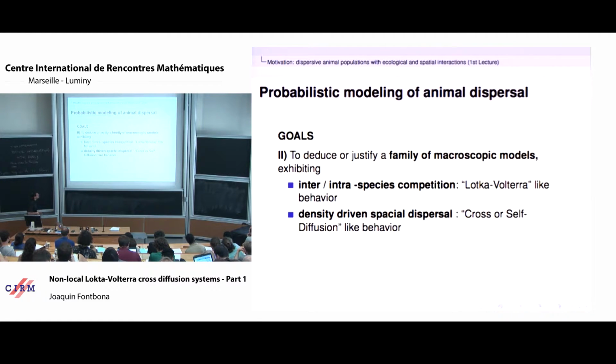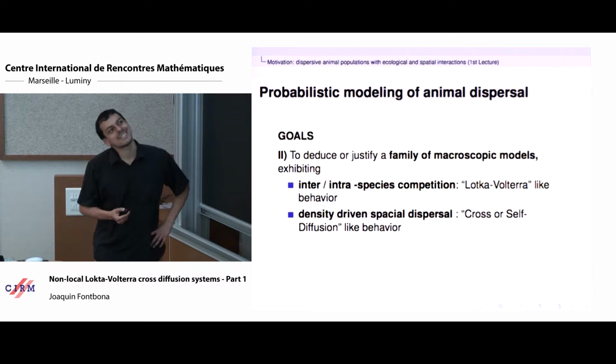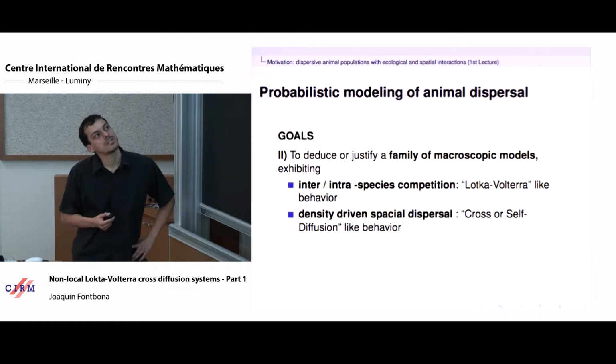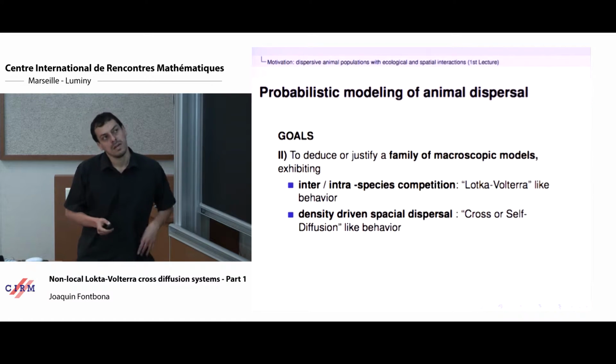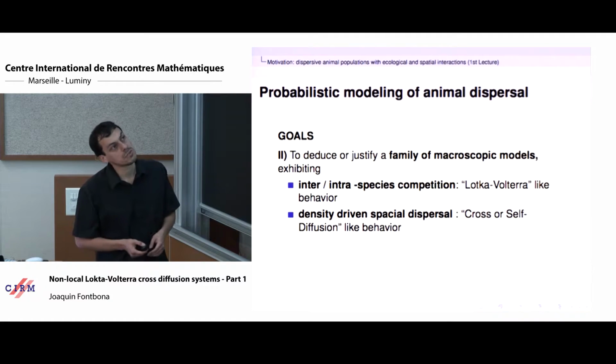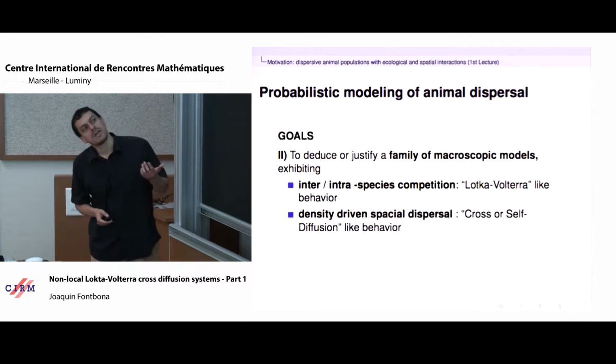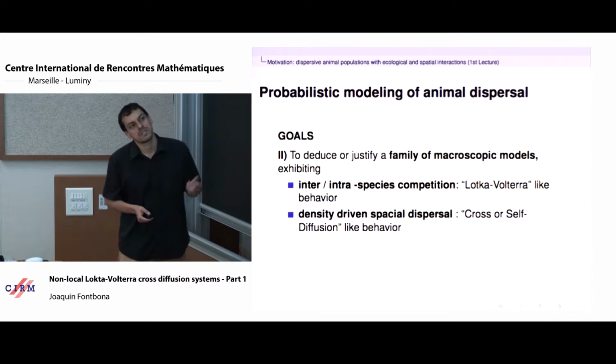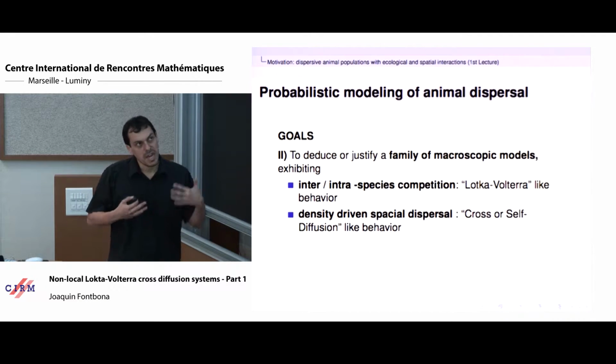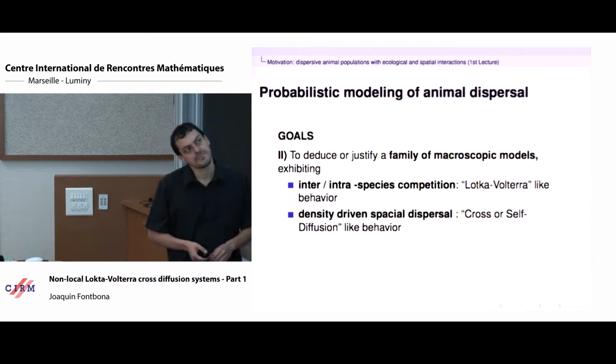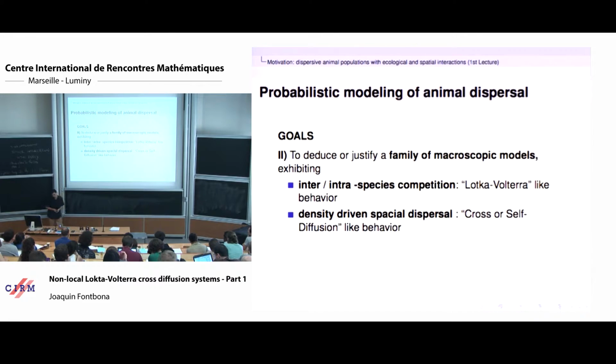And the idea is, of course, to recover this type of behavior, so inter- and intraspecies competition in the way Lotka-Volterra models do, and also density-driven spatial dispersal, so behaviors in the form of cross- and self-diffusion.